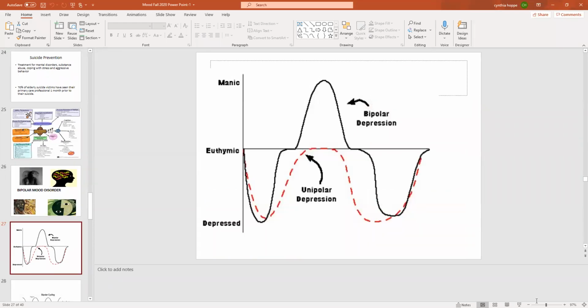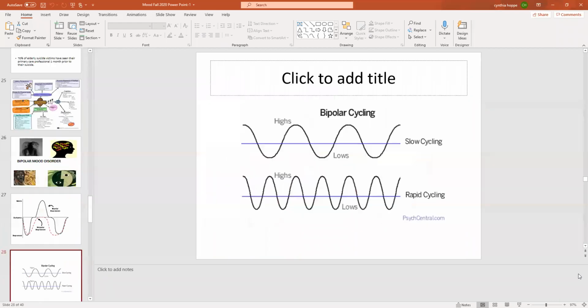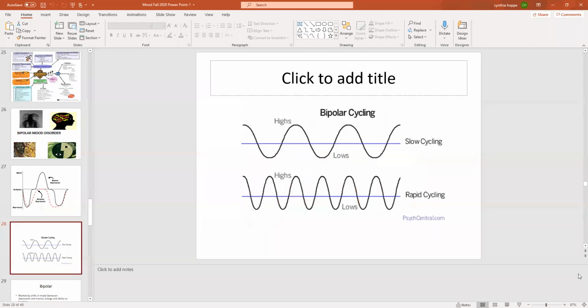All right. Years ago, they used to call depression unipolar because you just had that depressed state. With bipolar, you have periods of depression and mania. You also have a rapid cycling type of manic episode where they go through the highs and lows very quickly, hours, days.